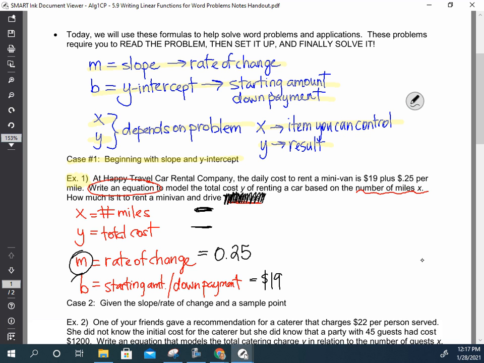So we have a slope and we have a y-intercept. That means we can use that formula: y equals mx plus b. Any questions so far?